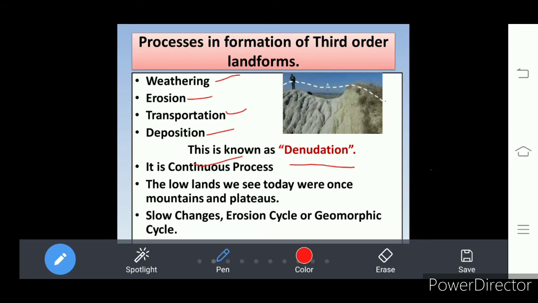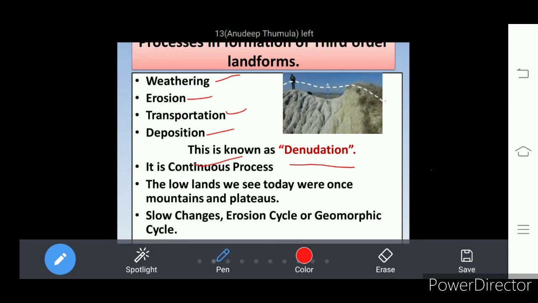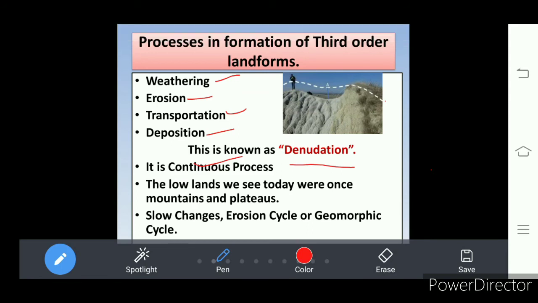Year by year, month by month, at every time we see the process of denudation goes on, so that it is called continuous process. Which one? Denudation. And what are the stages in the denudation process? There are four stages in the denudation process: weathering, erosion, transportation, and deposition.